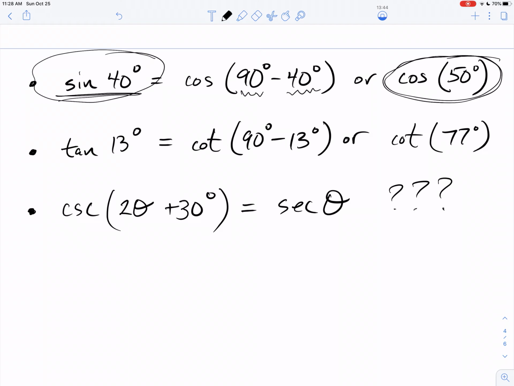Same thing goes here. Tangent of 13. Well, if they give me the tangent of 13 degrees, then I do 90 minus whatever they gave me, and it'll equal the cofunction relationship, which would be cotangent 77.